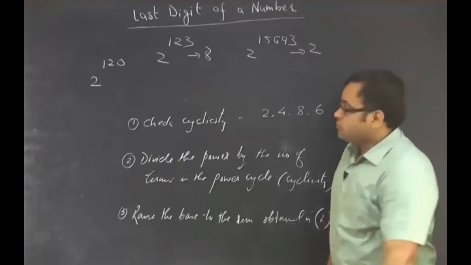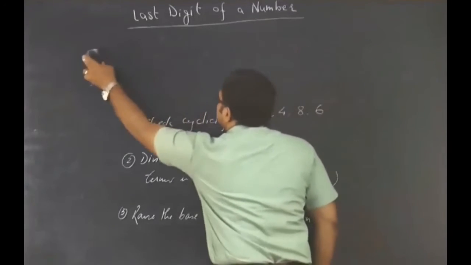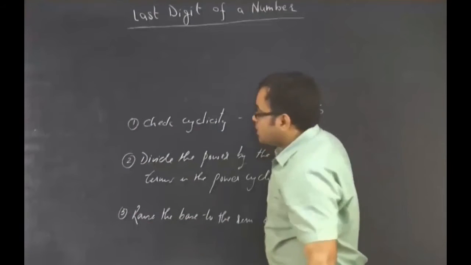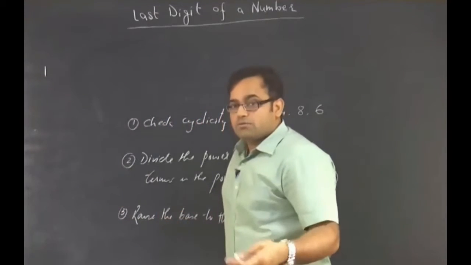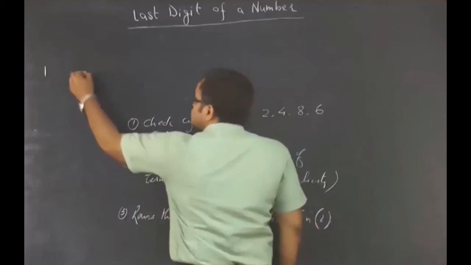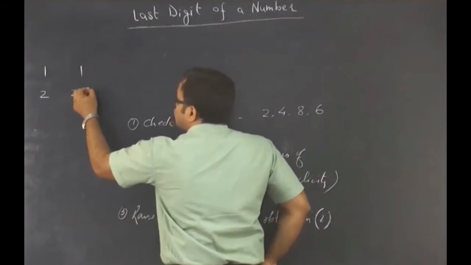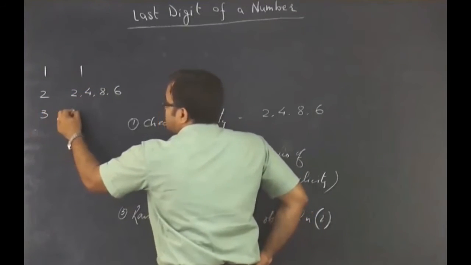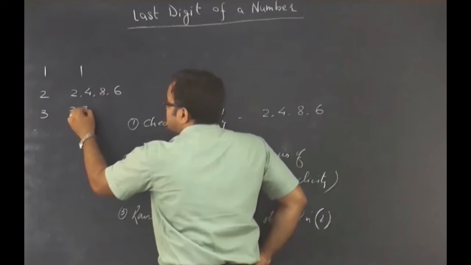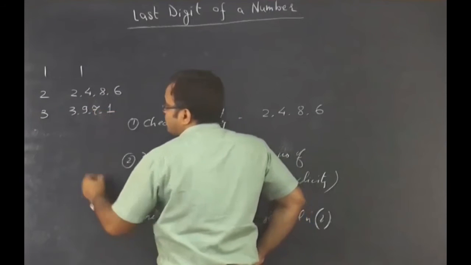Let us see what will be the pattern for the remaining numbers which end with other digits. Any power of 1 will always have the last digit as 1, so the power cycle of 1 will be 1. For 2, like we just saw, it is 2, 4, 8, 6. For 3: 3, 3 threes are 9, 9 threes are 27, 7 threes are 21, so 1.